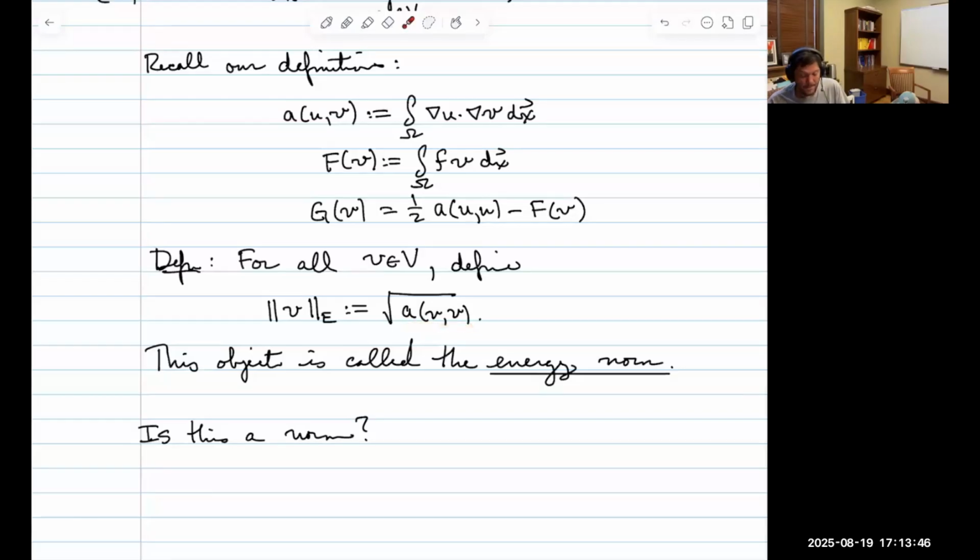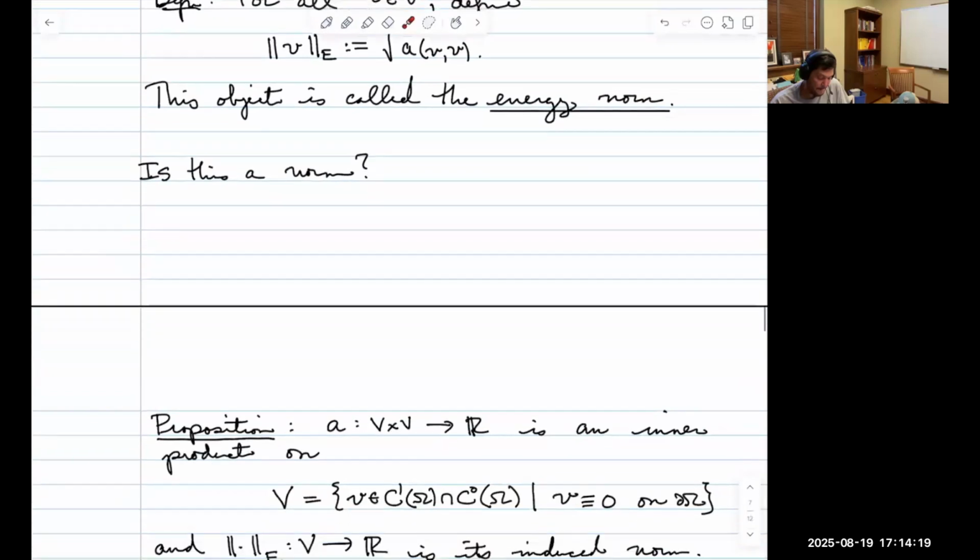I'm integrating over a set of positive measure, and I'm going to get something which is greater than or equal to zero, and only equal to zero if v is identically zero in the space. So it's something that we can show is an actual bona fide norm. But right now we're just going to give it the moniker energy norm, as if we knew that was the case.